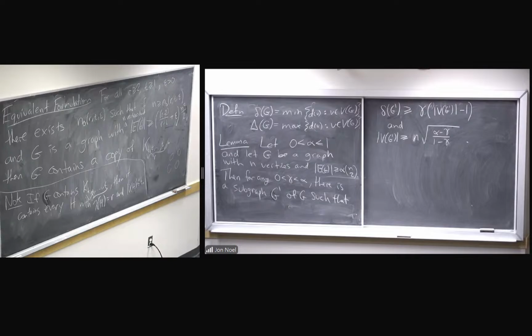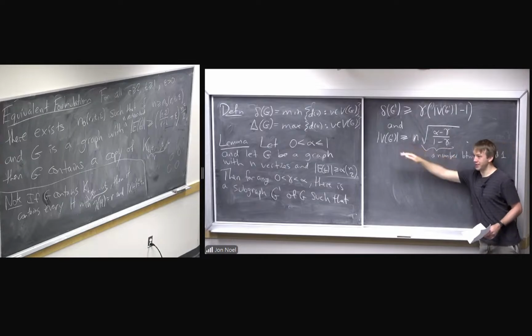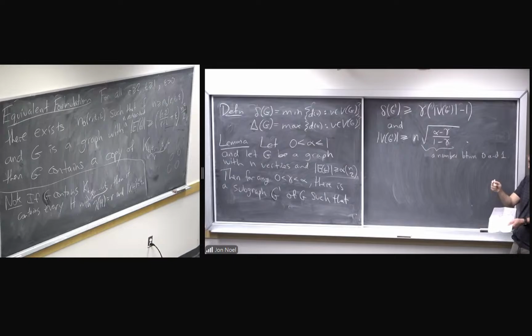It doesn't really matter what this is, but it's a number between 0 and 1, and it only depends on alpha and gamma. It doesn't depend on n. If gamma is really close to alpha, this could be really close to 0. So the number of vertices left in G prime could be n over 10 to the 10. But it's not 0, it's n times something.